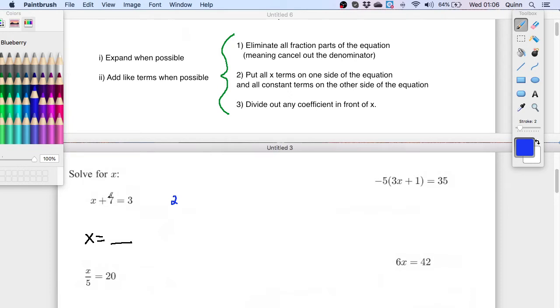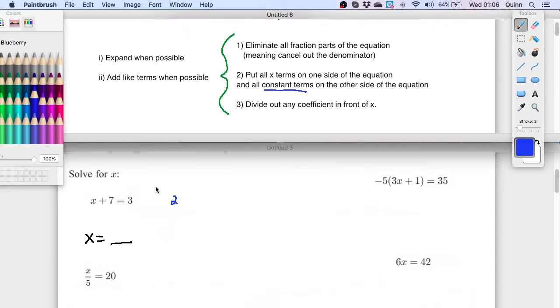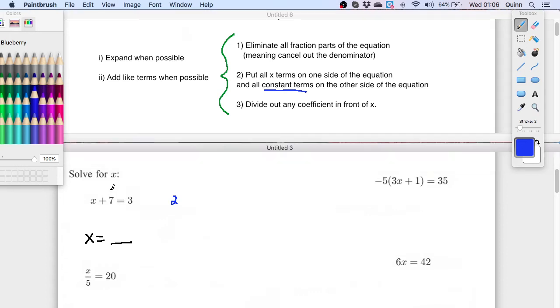So I want this 7 onto this side with his other constant term. That's what we call the constant term, remember? So in order to do that, to maintain balance, if I put negative 7 on this side, I get 0. But I would have to put negative 7 on this side as well, won't I? So these two cancel out. And I have 3 minus 7, which is negative 4, exactly what we thought it was in the first place.